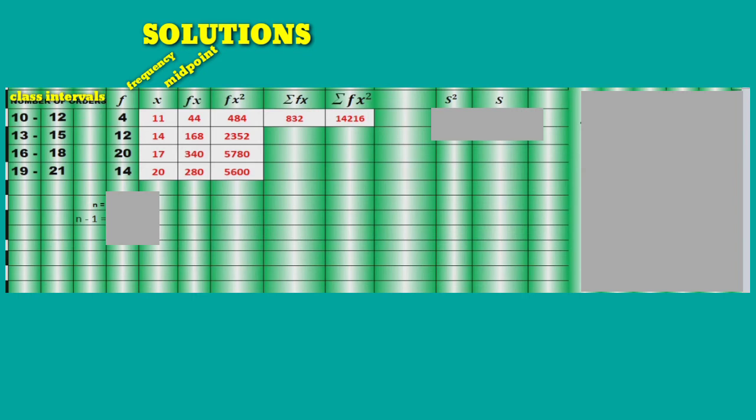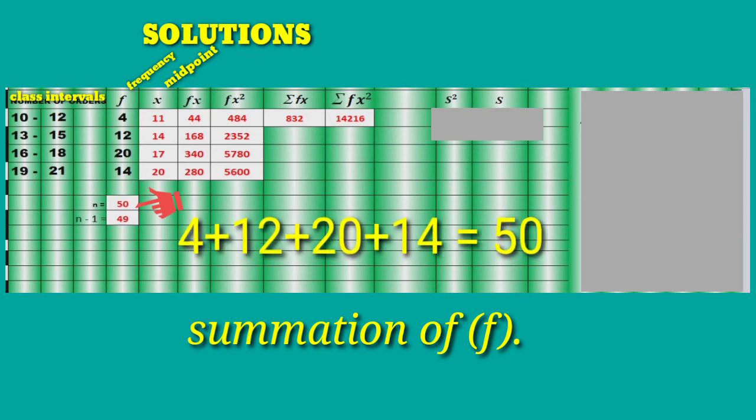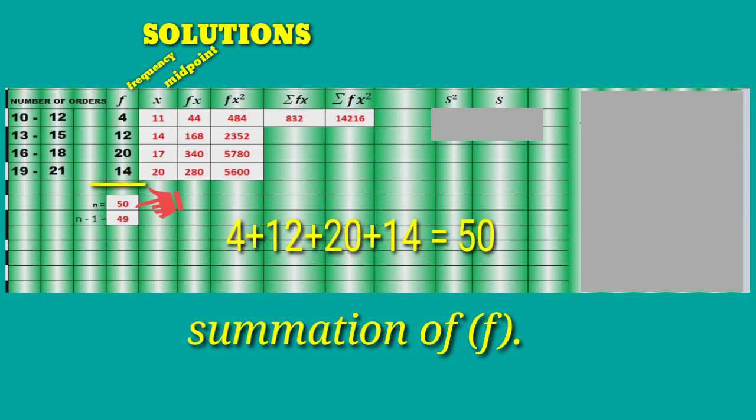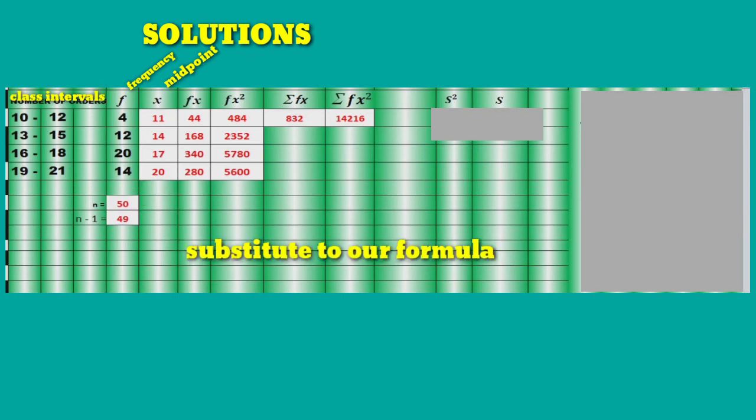But before that, let us identify first what is our n. Our n is 50. That is the sum of your f. 4 plus 12 plus 20 plus 14, that is equivalent to 50. How to get n minus 1? That is 50 minus 1, that is 49. Alright, substitute to our formula.